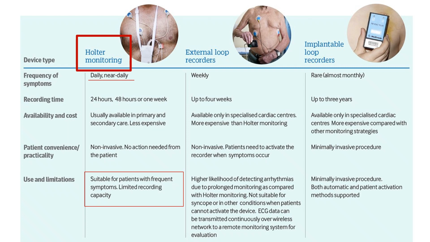It is important for patients with symptoms suggestive of arrhythmia, such as palpitation or unexplained syncope, but it requires patients to have frequent symptoms so that it can be recorded over the short period of 24 to 48 hours. Other ambulatory monitors, including the external loop recorders and the implantable loop recorders, are helpful in patients with infrequent attacks of arrhythmia, but unfortunately they are not available.